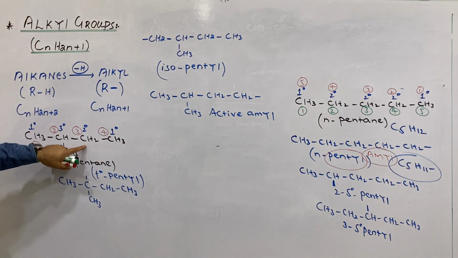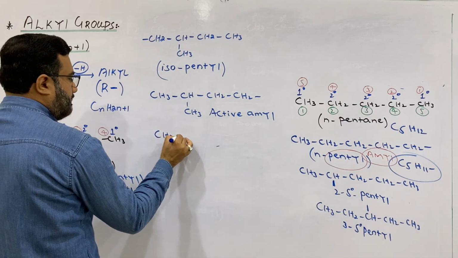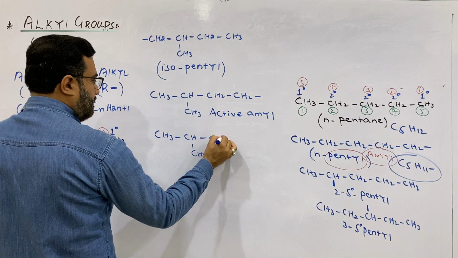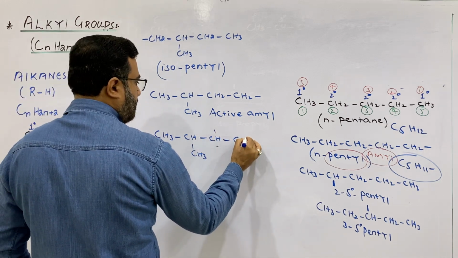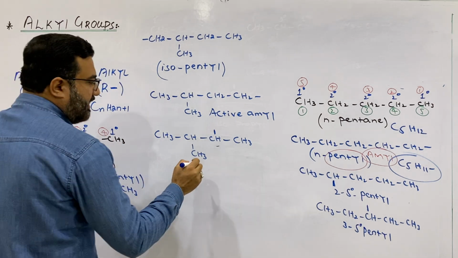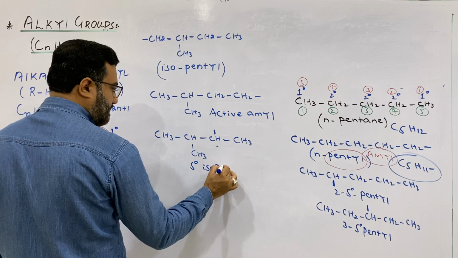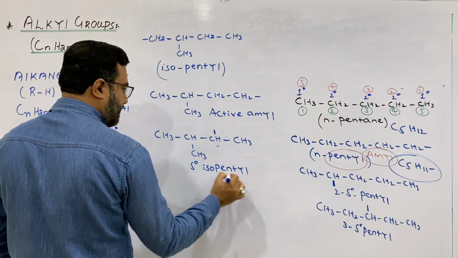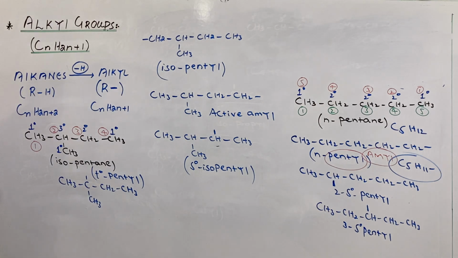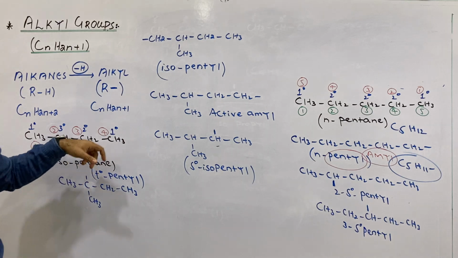And now if you remove hydrogen from this secondary carbon, that will be called the secondary isopentyl. So these are the four types from isopentane.